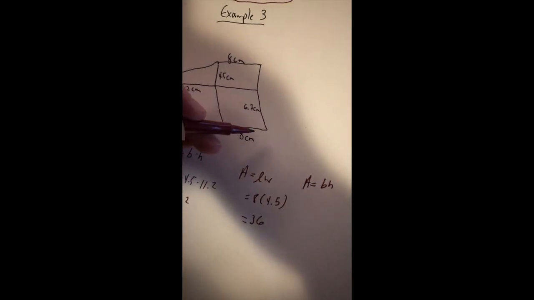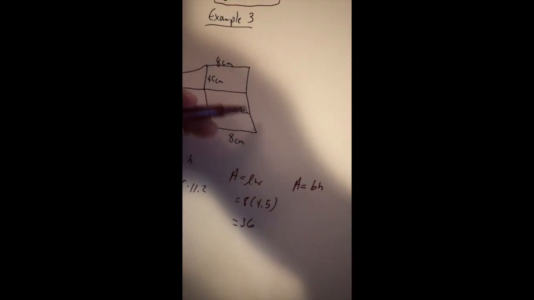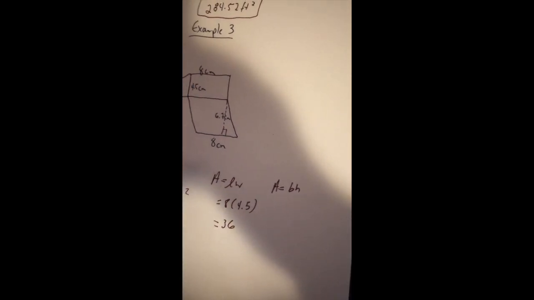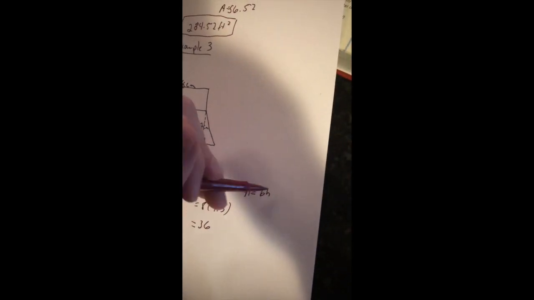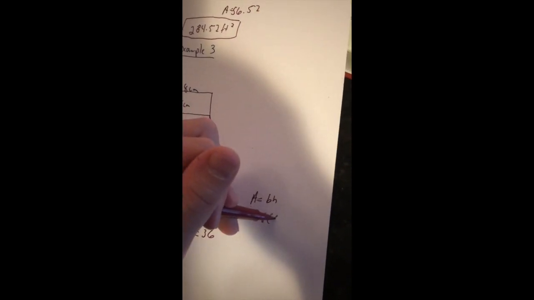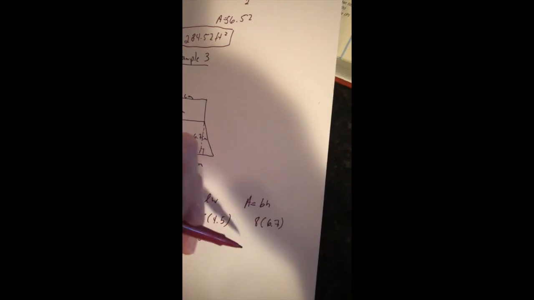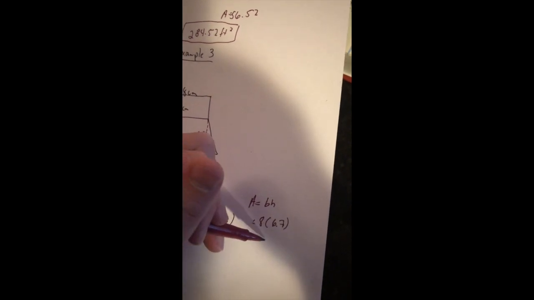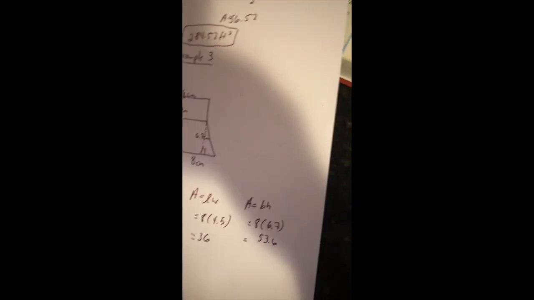And then the last is our parallelogram, which is just base times height. Notice that the heights are here, gives you a height like that. So we have 8 times 6.7. When we multiply that, we get 53.6.